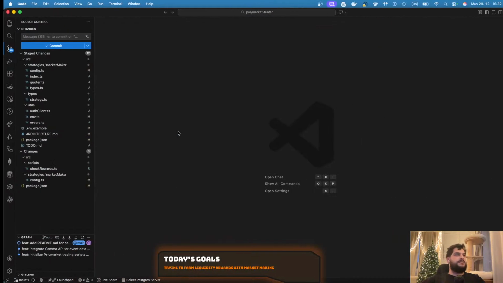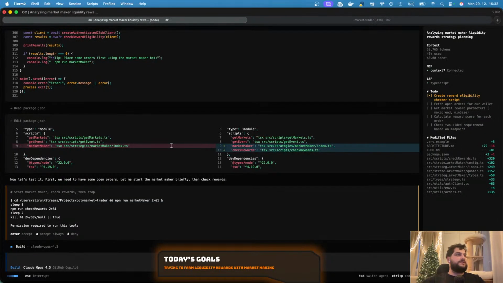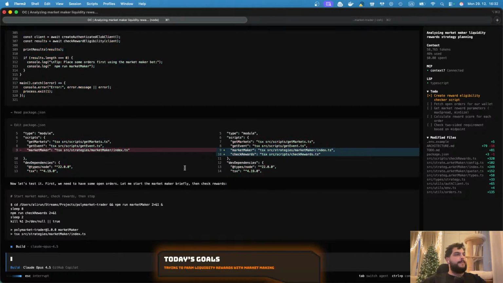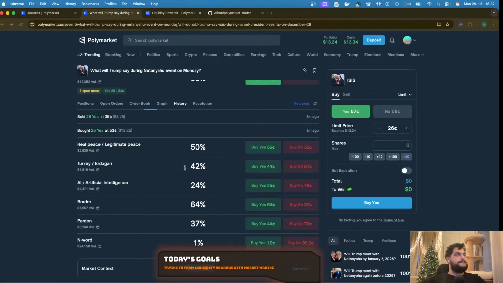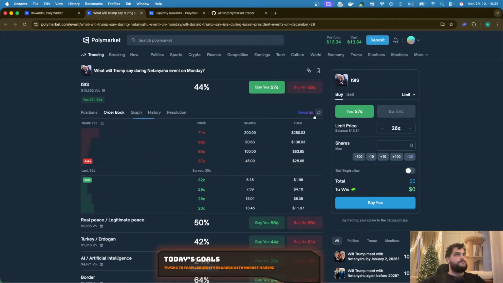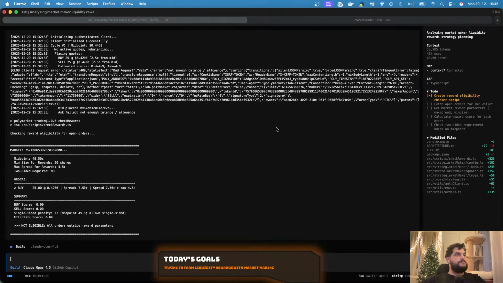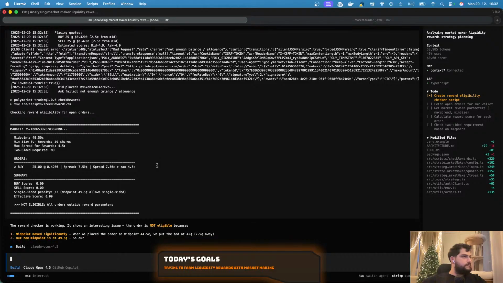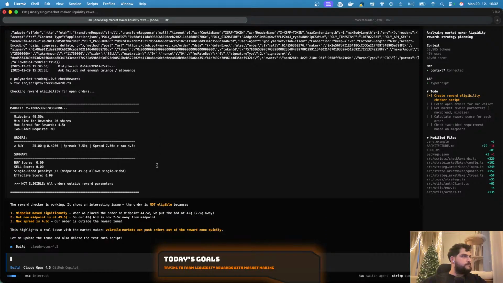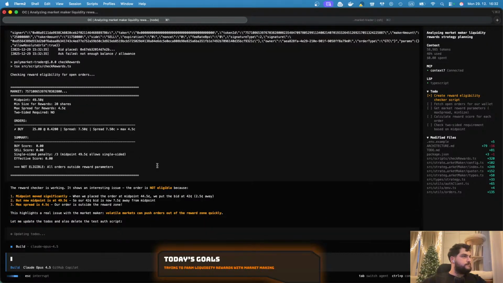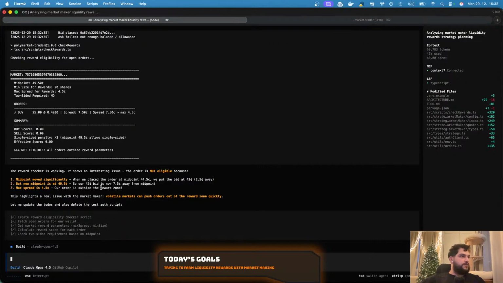And let's first see if this guy finished with its tests. Okay, we're gonna lose more money, I guess, to test the new tool. Reward checker is working. It shows an interesting issue.